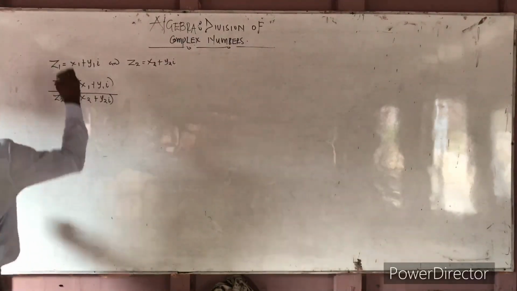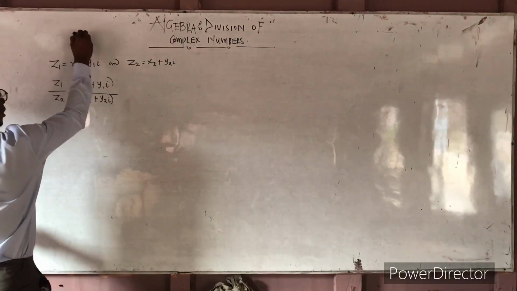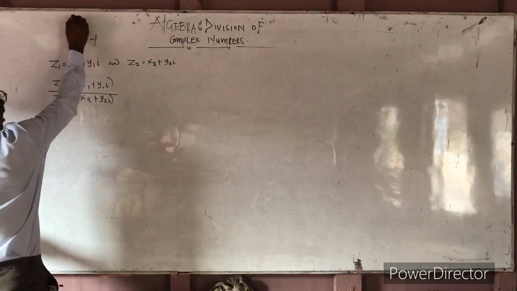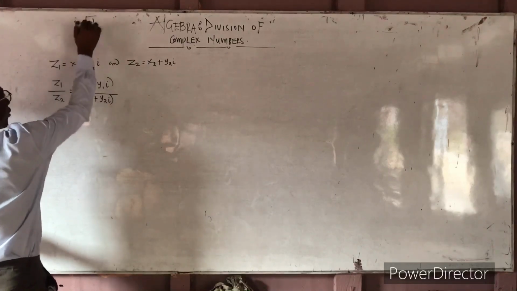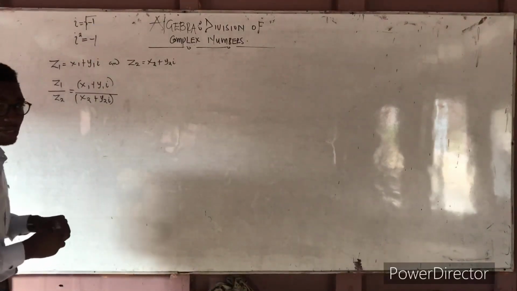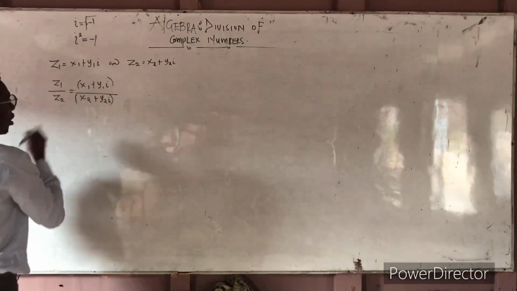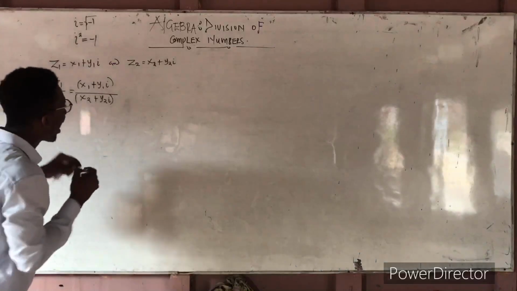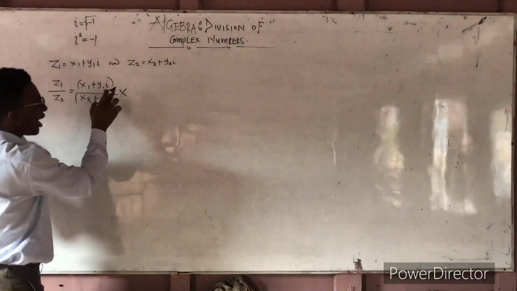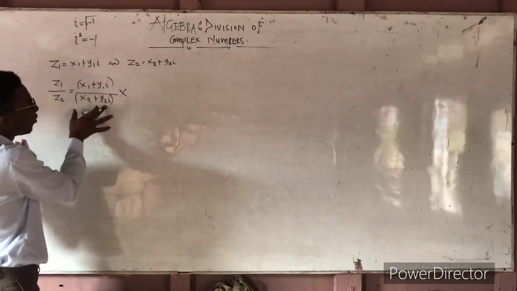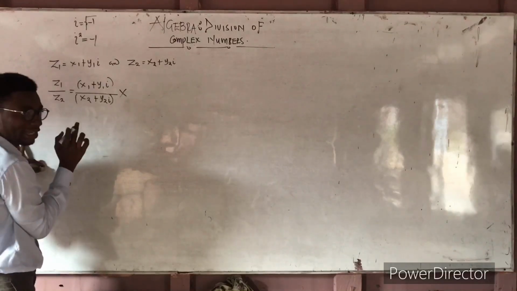But before that, we have to understand that i squared is always equal to minus 1, because i is equal to the root of minus 1. You have to understand this very well. Now to do this, we have to multiply the numerator and the denominator by the complex conjugate of the denominator.